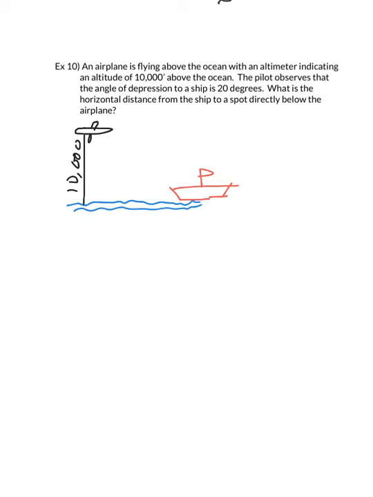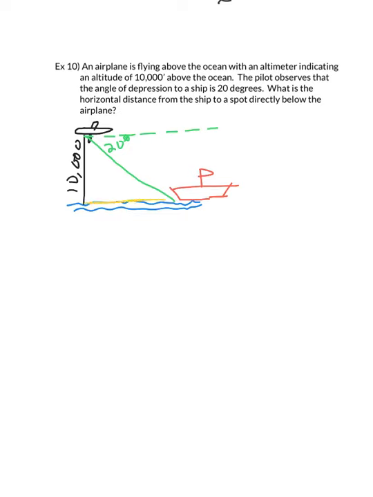So that means from the horizontal, so if I went straight out horizontally and then went down to the boat, that the measure between the horizontal and the downward line is the 20 degrees. We are being asked to find the horizontal distance from the ship to directly below the airplane.